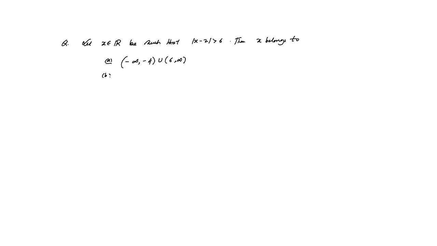KVS PGT math paper. The first question is: let x belongs to R be such that mod of x minus 2 is greater than 6, then x belongs to option A, minus infinity to minus 4 union 6 to infinity; option B, minus infinity to minus 4 closed union closed 6 to infinity.